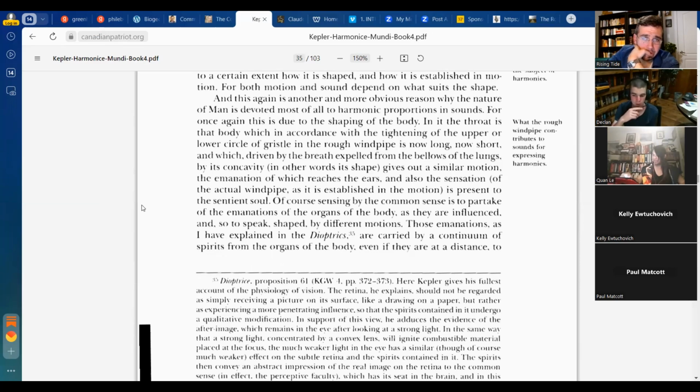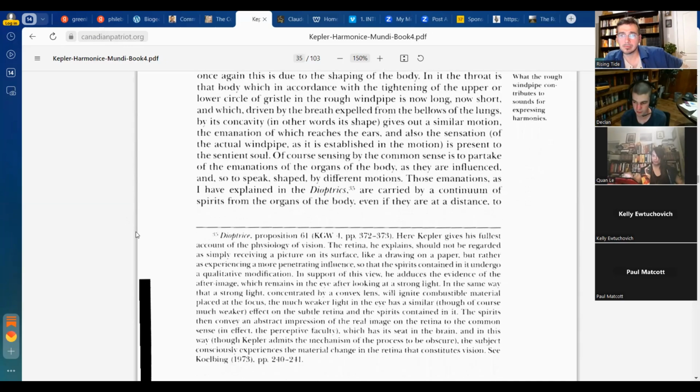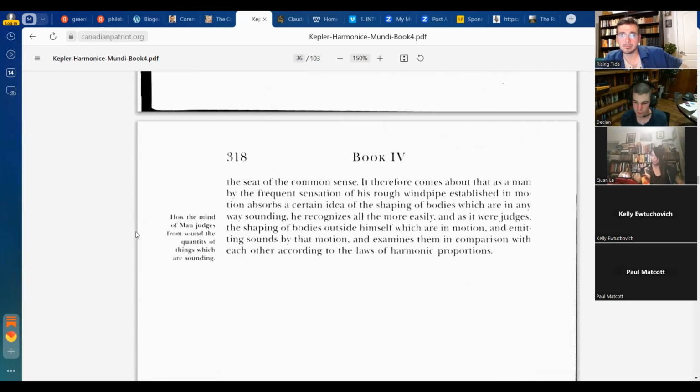Of course, sensing by the common sense is to partake in the emanation of the organs of the body, as they are influenced and, so to speak, shaped by different motions. Those emanations, as I have explained in the Dioptrics, are carried by the continuum of spirits from the organs of the body, even if they are at a distance, to the seat of the common sense.